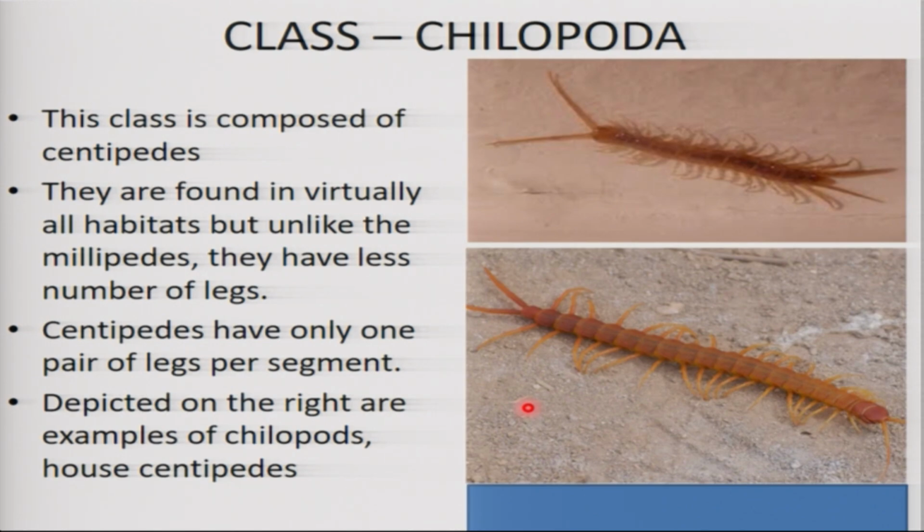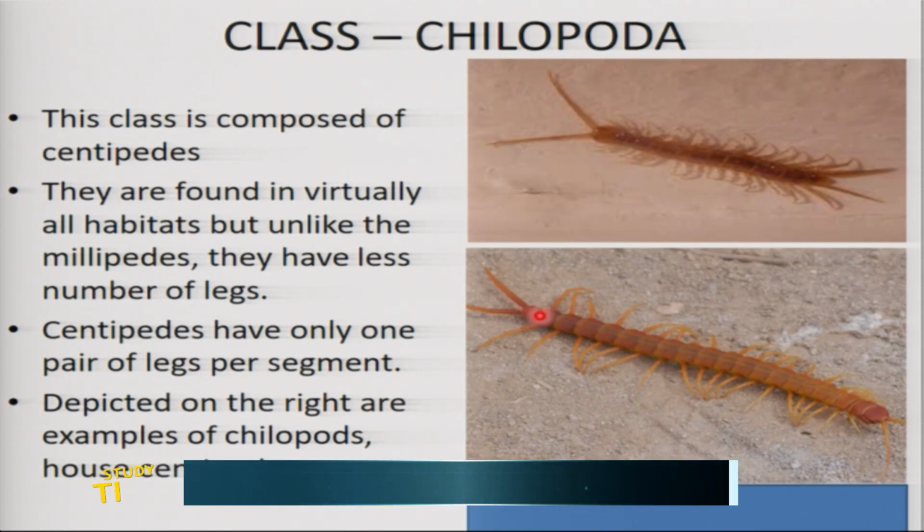But for Chilopoda, they have one leg on each segment, on opposite sides. So I repeat, the number of legs depends on the number of segments it possesses, but they have more than 100 legs, depending on the species where the animal belongs.